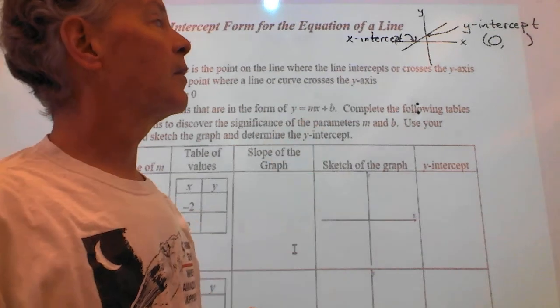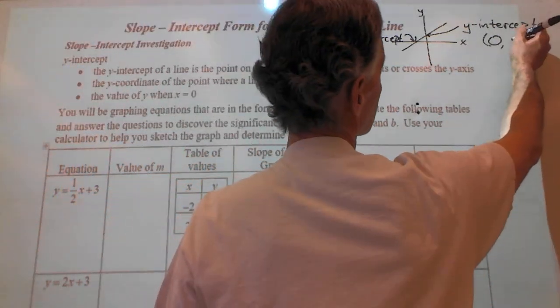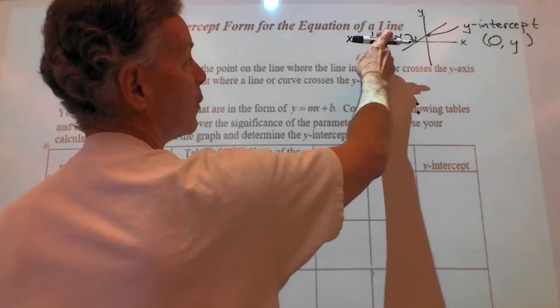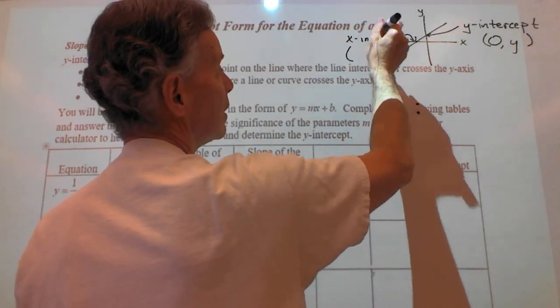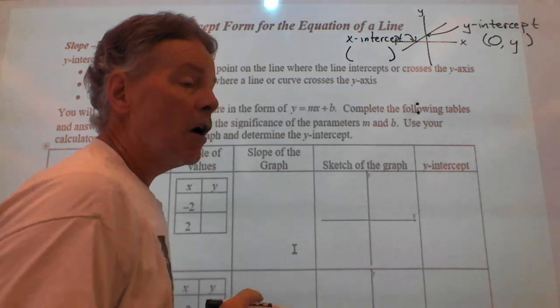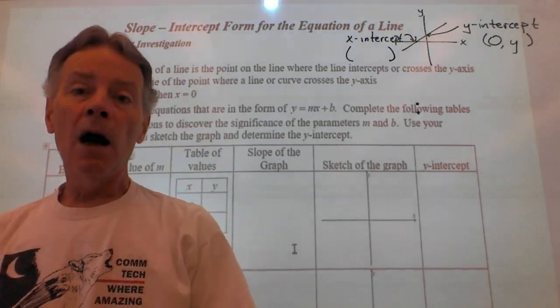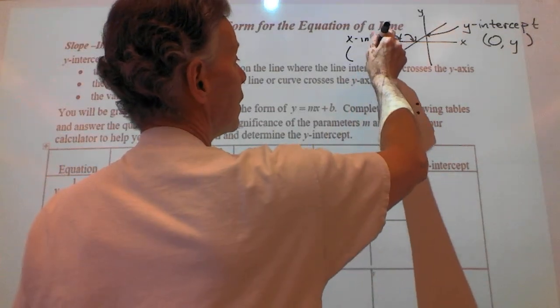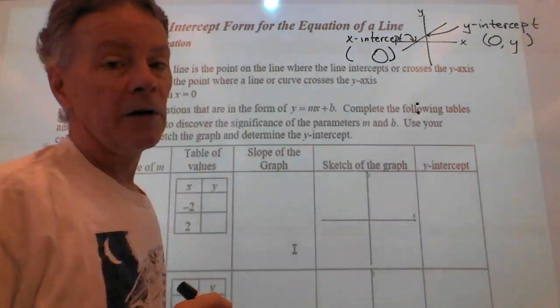Similarly with the x-intercept, so we'll just call this, for now, the y-coordinate. With the x-intercept, it's kind of the opposite, okay? For all x-intercepts, we know that the y-coordinate is 0, right?